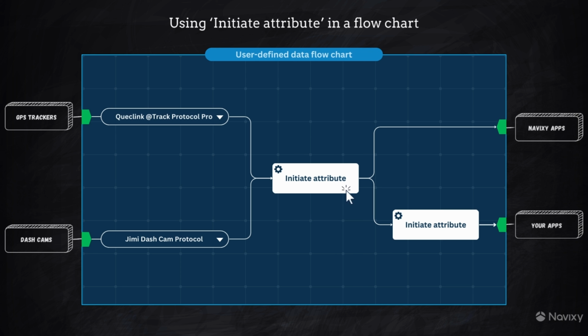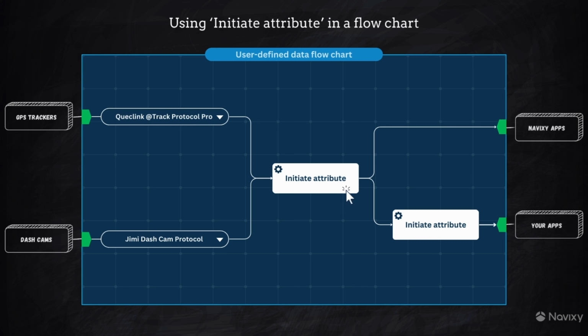To make it clearer, let's walk through this diagram, demonstrating how easy it is to perform data manipulation using our initiate attribute feature. Here on the left are our data sources, GPS trackers and dashcams. These might be any devices integrated with Navixy. But for clarity, we're talking about specific protocols like QClink Track for GPS and Jimmy for dashcams. Regardless of the source, data flows into our initiate attribute nodes.